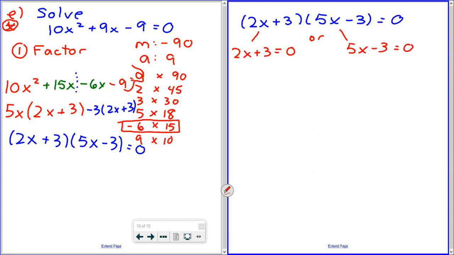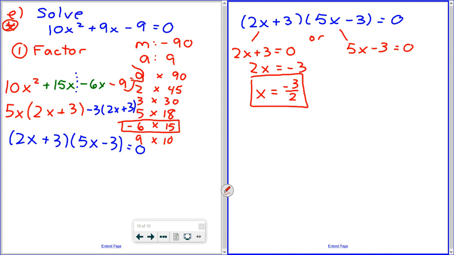Did everyone do this before? I'm just reminding you. Let's continue on, please. How do I solve for x on the left-hand side? Let's go back to grade 7. How do you solve for x? Isolate. Very good. So 2x equals -3, and x equals -3 over 2.